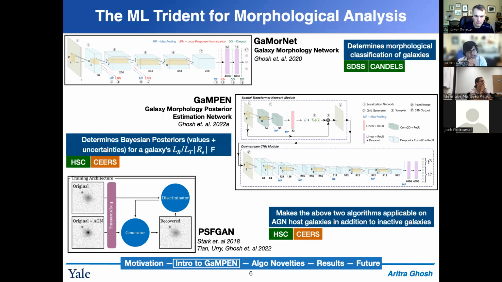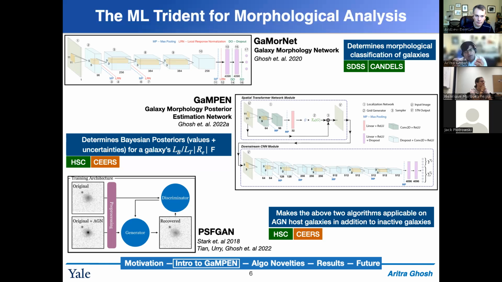And what each of them does is GaMorNet determines morphological classifications of galaxies. GaMPEN gives you Bayesian posteriors, that is, values and uncertainties for different morphological parameters. And what PSF-GAN does is it makes the above 2 algorithms also work on AGN host galaxies.